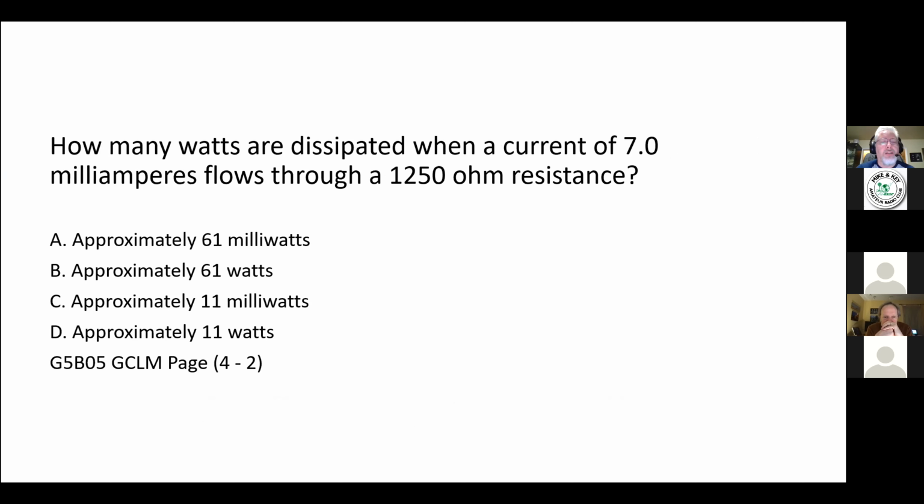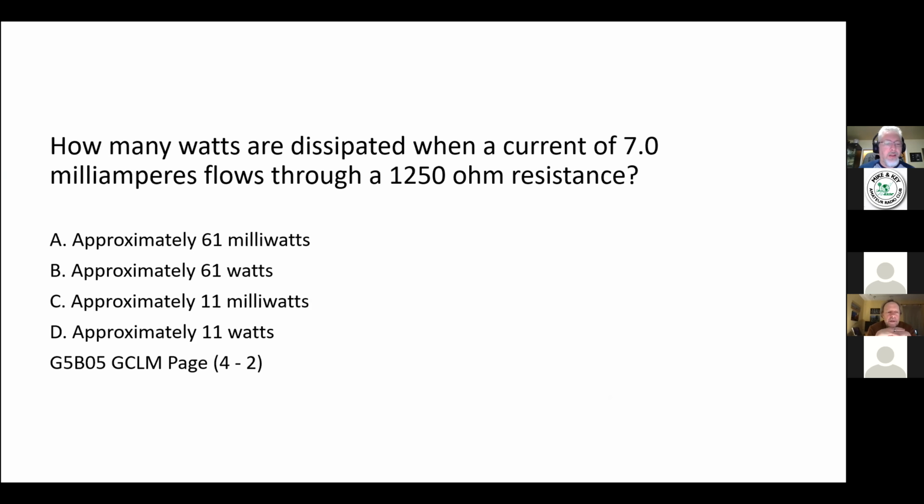How many watts are dissipated when a current of 7.0 milliamperes flows through a 1,250 ohm resistance? A, approximately 61 milliwatts, B, approximately 61 watts, C, approximately 11 milliwatts, or D, approximately 11 watts?